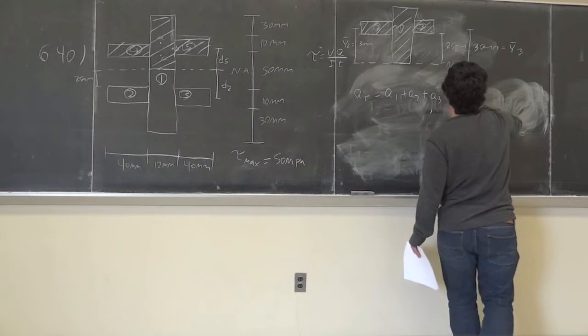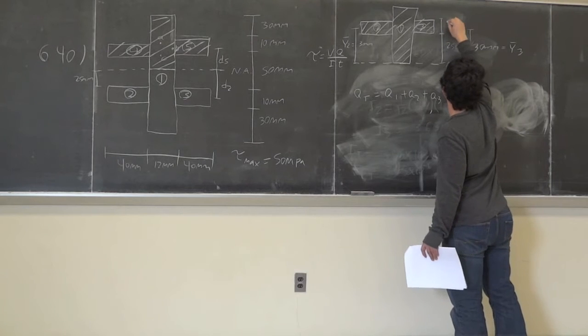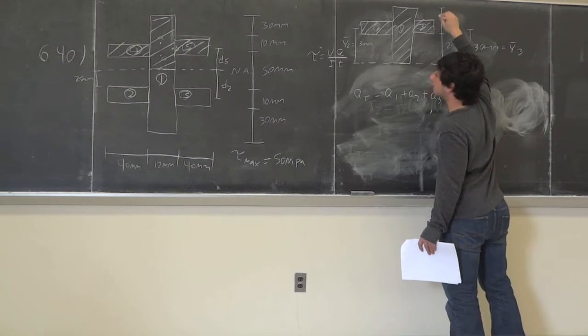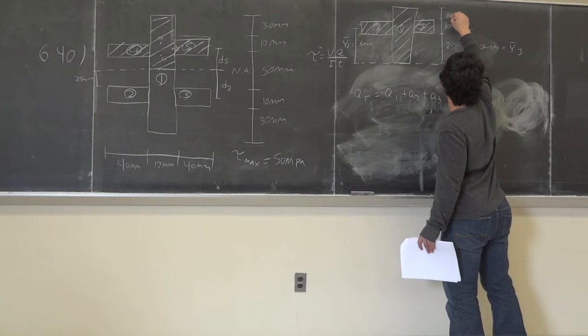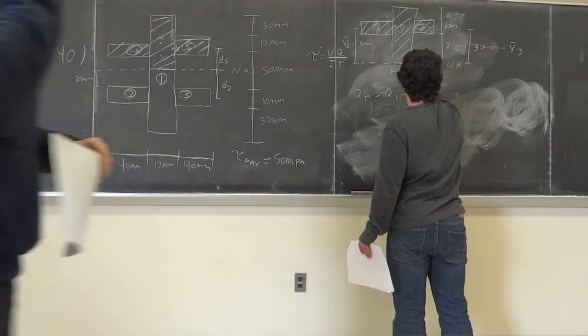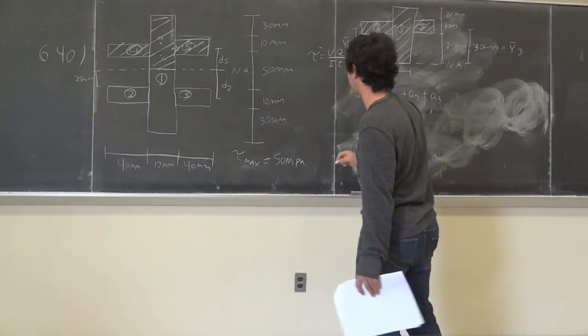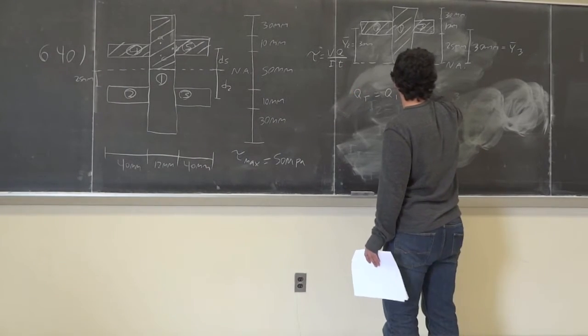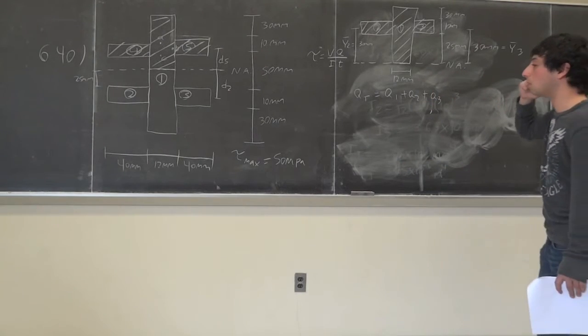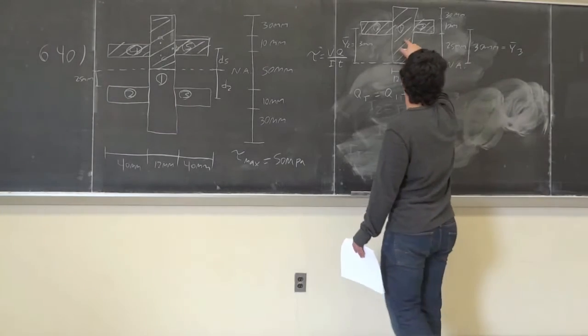Then they give you, so this distance over here is 10 millimeters. And then from here to here is 30 millimeters. And they give you the thickness of this member is 12 millimeters. So we got everything we need. What's the y bar for this one?